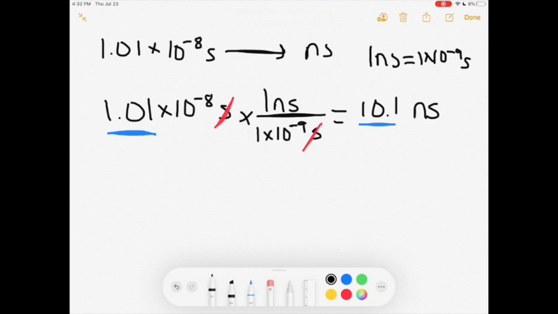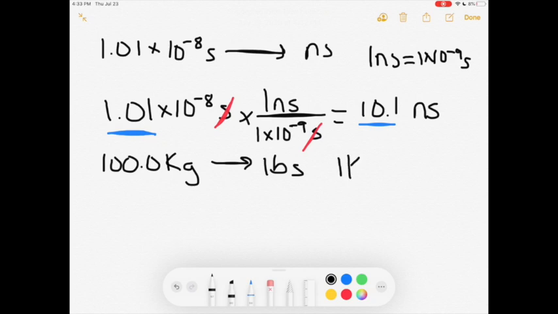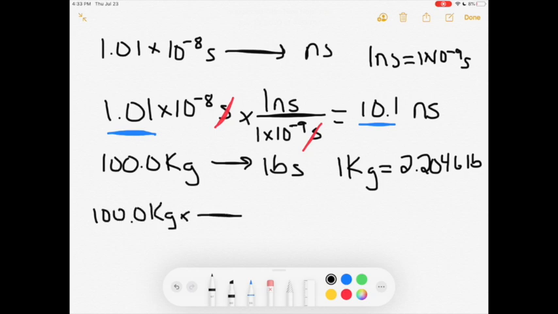Next we have 100 kilograms, and we want to know what that is in pounds. We look at our conversion factor sheet, and we find that 1 kilogram is equal to 2.2046 pounds. So I start with my given, 100 kilograms.